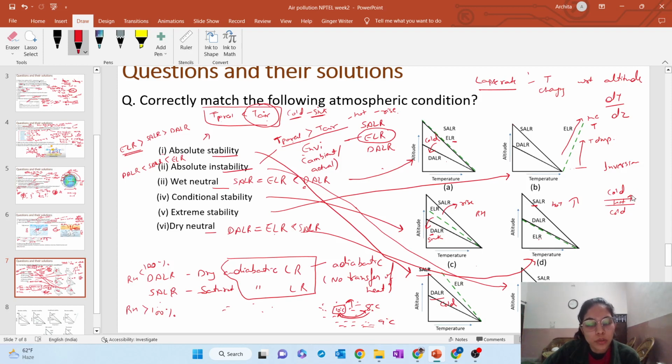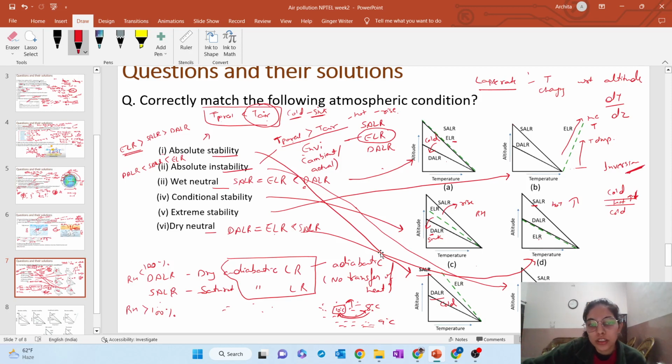The hot air should move up, but because the upper air is cold, with more density, it starts to sink, and it makes this layered structure with no movement in the atmosphere. Okay, that is inversion. So this is the condition of extreme stability.